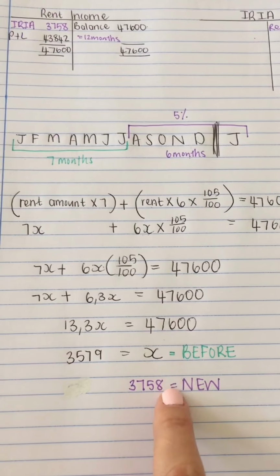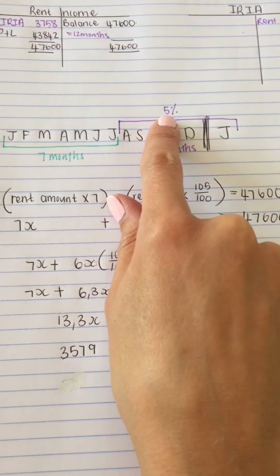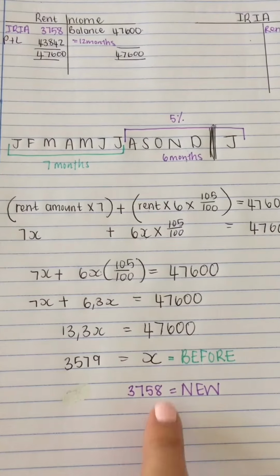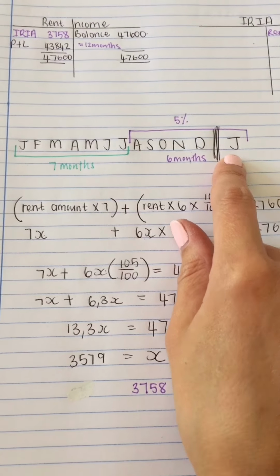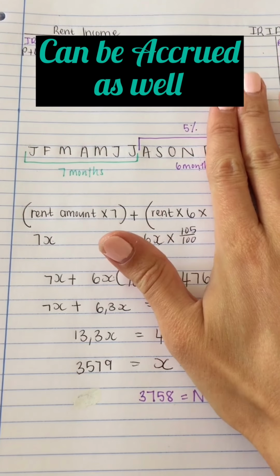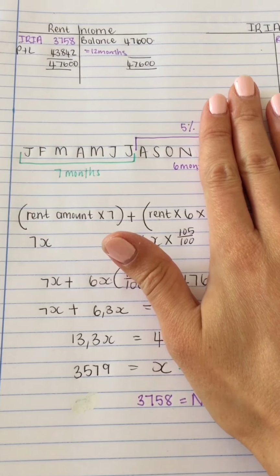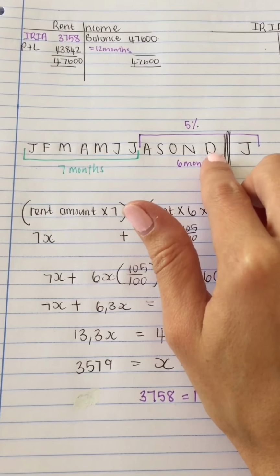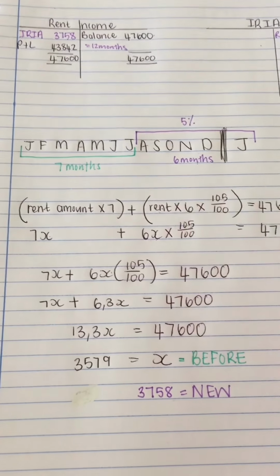And the important thing is to remember when you get x, to first go and multiply with whatever percentage I gave you, because you need the new amount to take out. And then also remember it can be an accrued expense as well. So I could have only received money up till there. Then you still work it out. Then we just need to add a month instead of subtracting one.